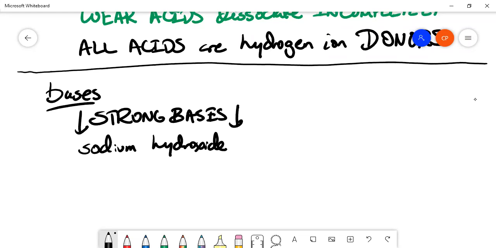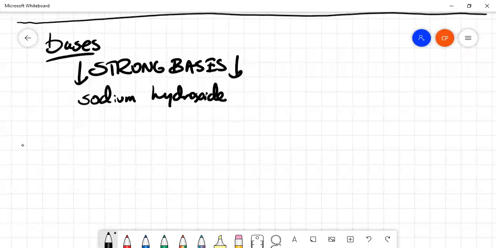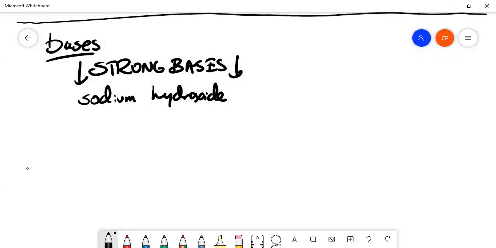There's a list of 6 strong acids that we worked out before. The list of strong bases is going to be 6 deep as well. It's going to be 3 of these bases that have alkali metals associated with them. So sodium hydroxide and lithium hydroxide and potassium hydroxide.